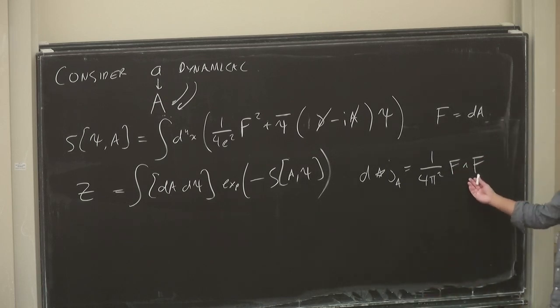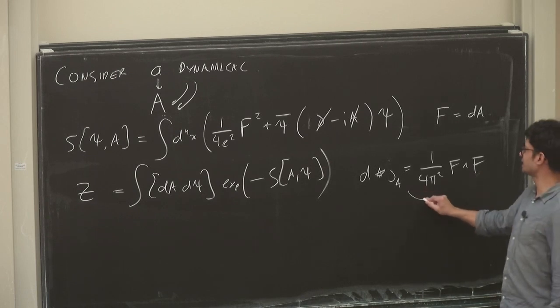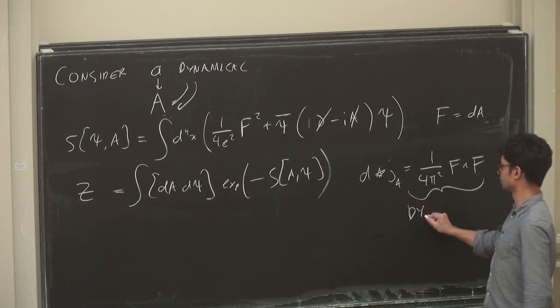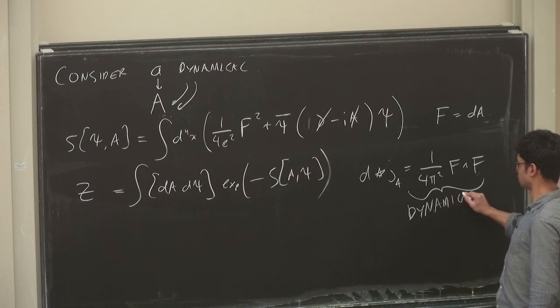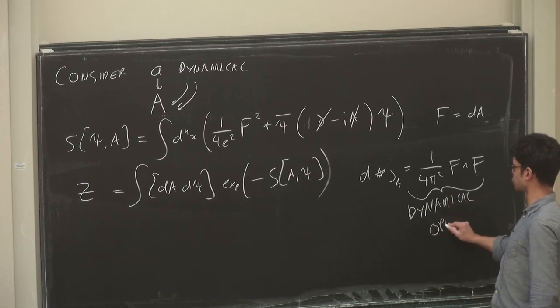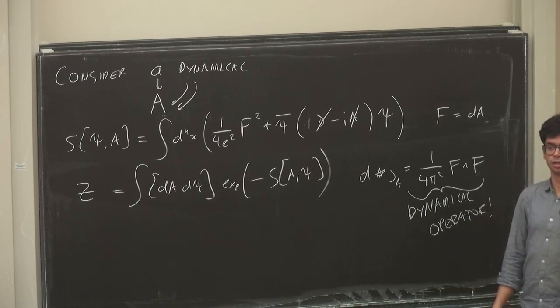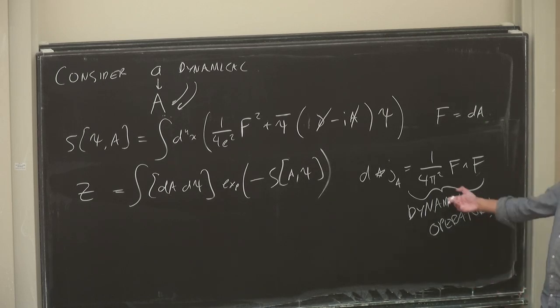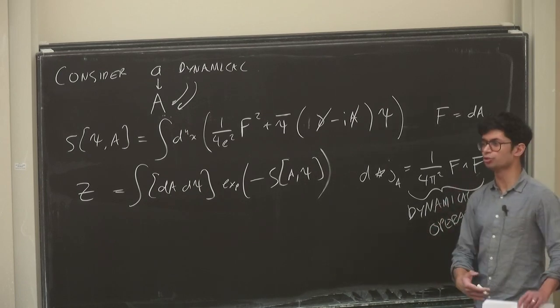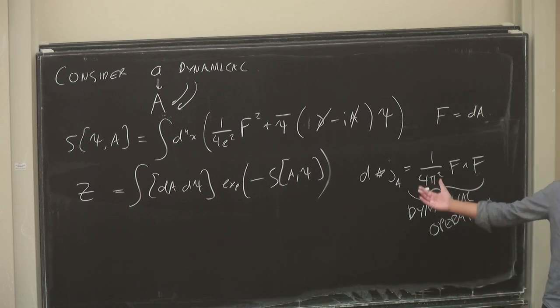The right-hand side of this is now a dynamical operator. It is not a fixed external source. In other words, we can't control this anymore. Now this operator will just do what it does. It might fluctuate, it might not.